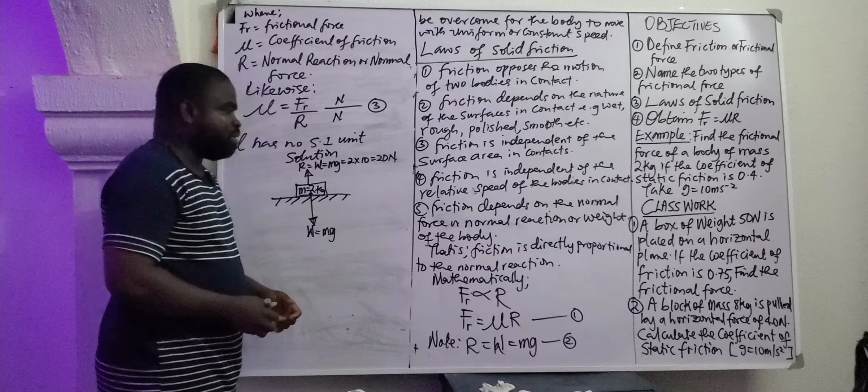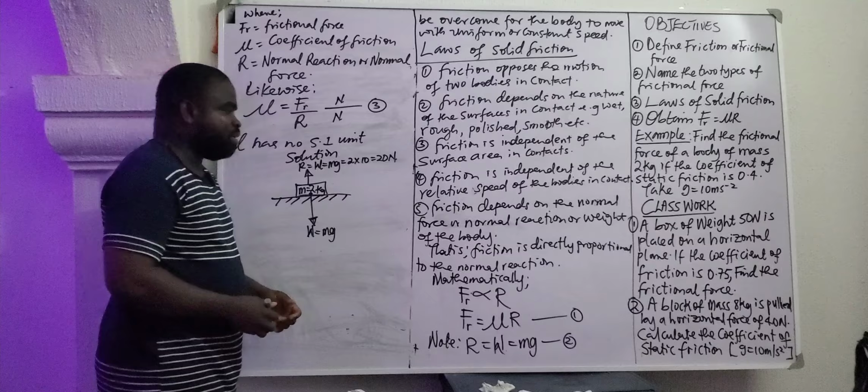Note that if we have the bodies on a plane or horizontal surface, then the normal reaction will be equal to the weight of the body, which is given as the mass of the body multiplied by the what? Acceleration due to gravity. So this is true if the bodies are on a horizontal plane or surface.